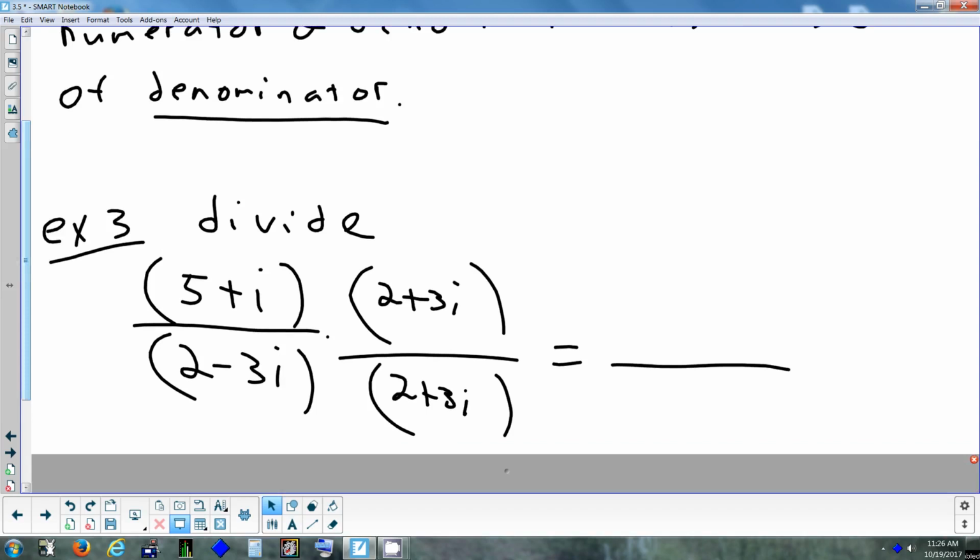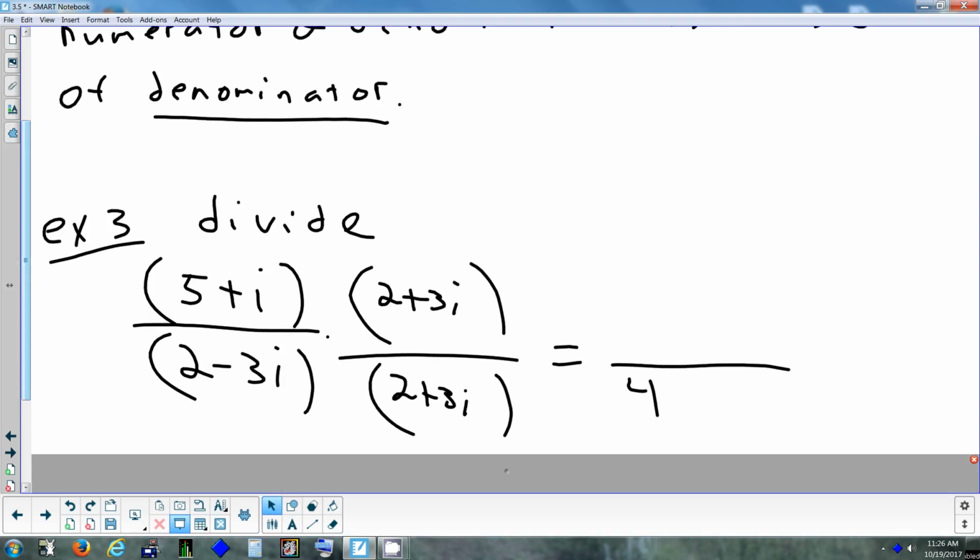So we start with 2 times 2. Miley, what's 2 times 2? So we get 4. And then I have 2 times 3i. What's 2 times 3i? 6i.